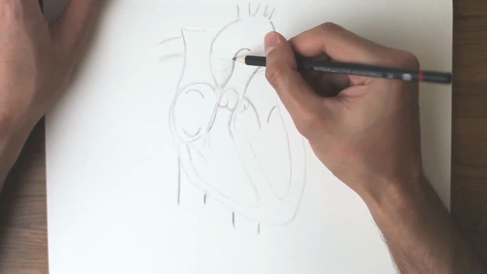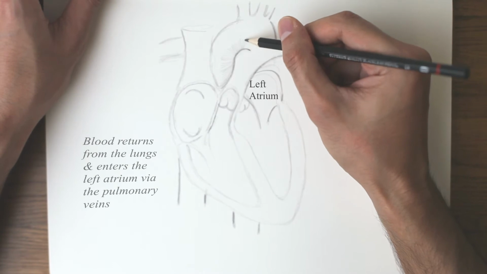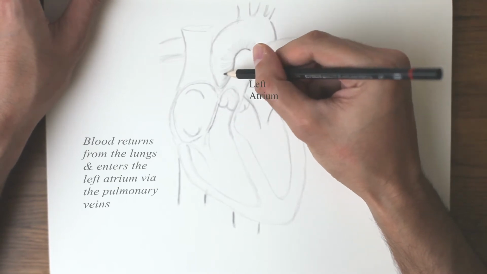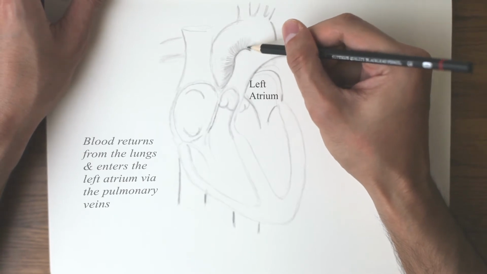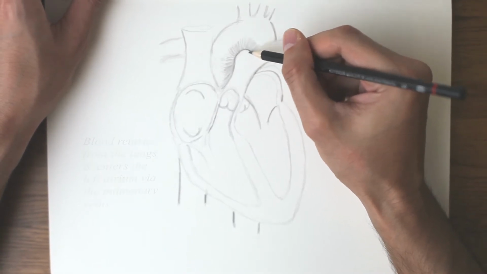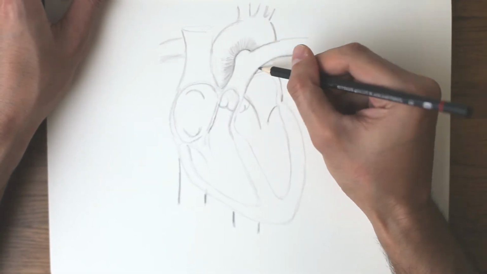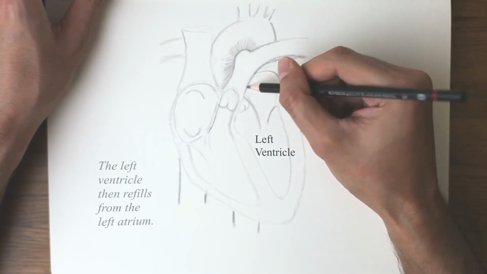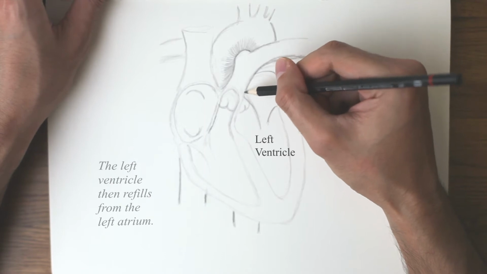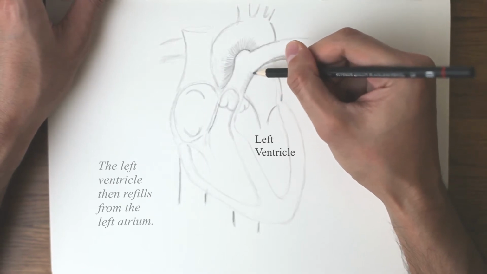With the left atrium, in contrast to the right atrium, the blood received is high in oxygen, having just returned from the lungs, from the pulmonary circulation. The right side of the heart is the origin of the pulmonary circulation, and this circuit continues through the left atrium and through to the left ventricle.